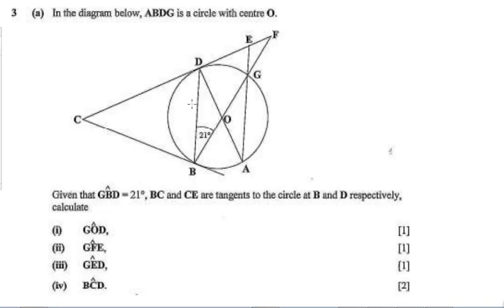So this is the center of the circle, and we've got a chord there, and two lines coming from the center of the circle touching the chord, forming a triangle. We said if you have two angles formed at a chord, coming from the center of the circle, these two angles are the same. So if this is 21 degrees, this one here as well is 21 degrees.